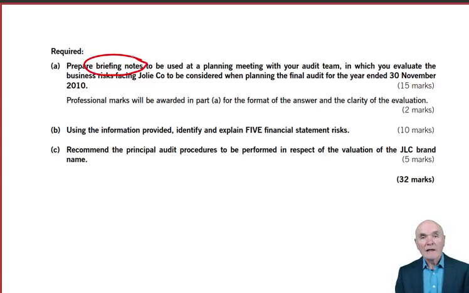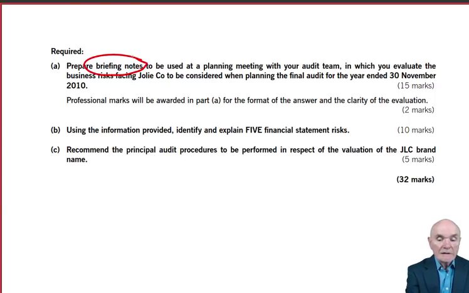It will then say, from the, I think I'm supposed to be an audit manager here, to the audit team, and it'll be dated. And it'll have a short introduction, no more than a line, to say, I set out below the points we need to discuss at the forthcoming planning meeting.